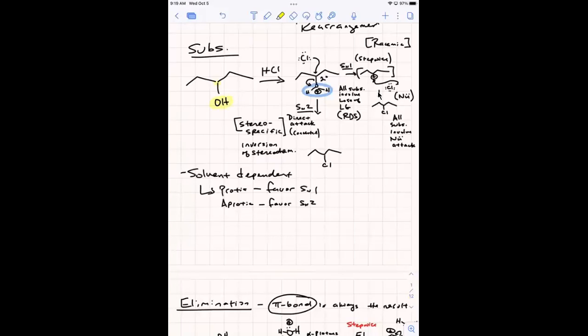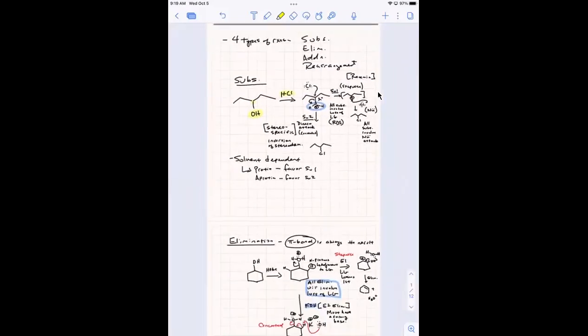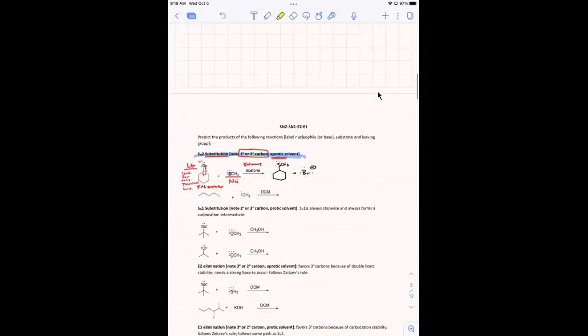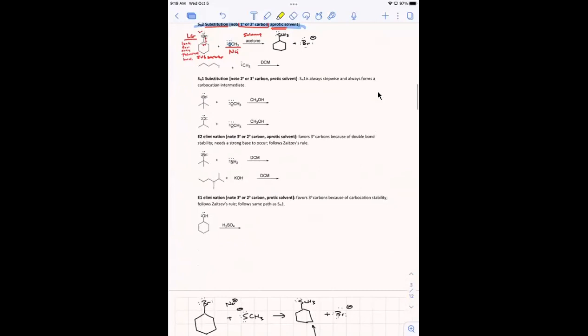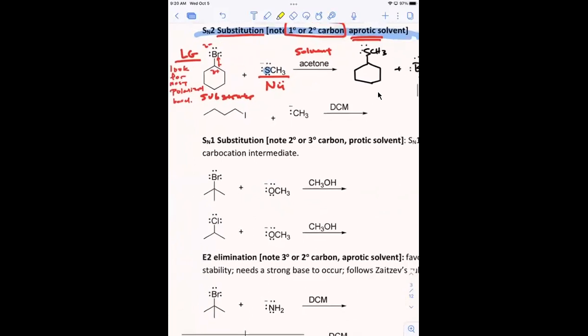The difference in this case would have been the fact that we did this in HCl, which amounts to being a protic solvent. So that's one of the ways to distinguish between SN2 and SN1: by looking at what solvent the reaction is happening in.